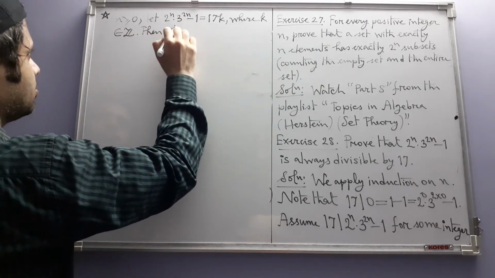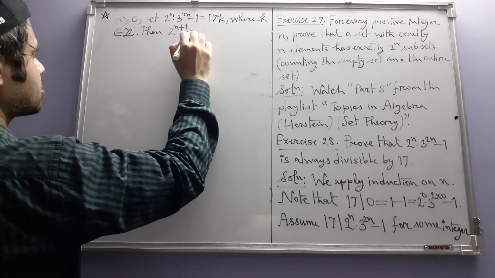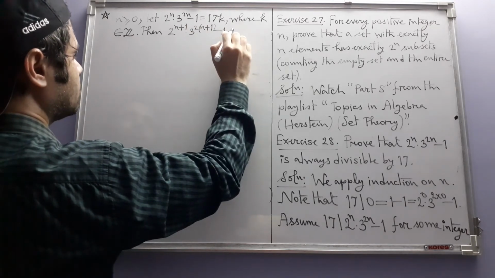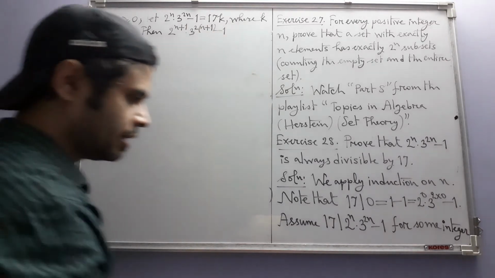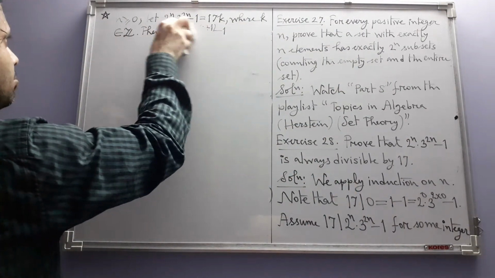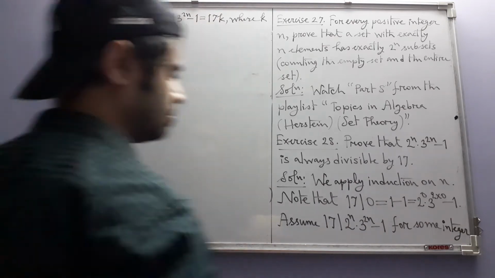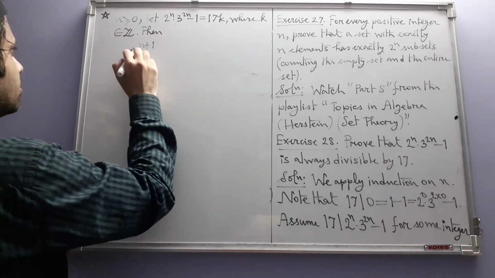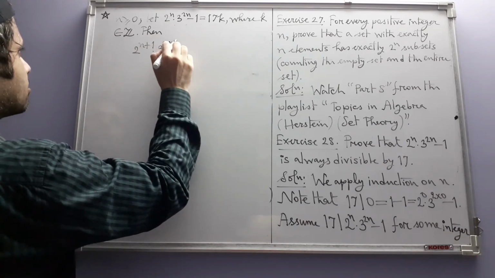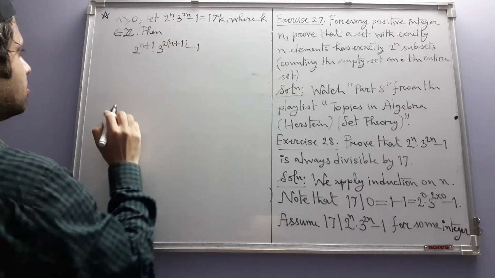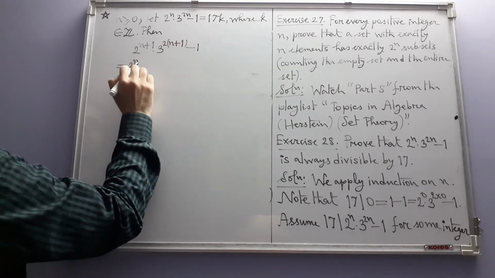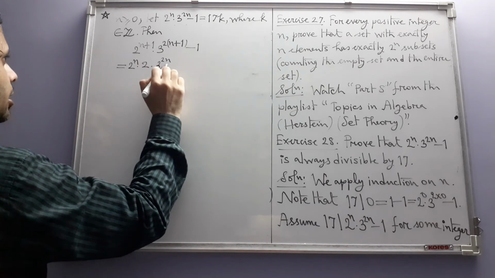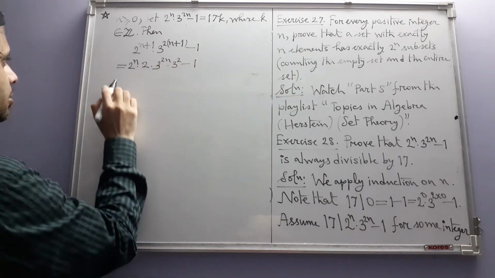Then now in place of n we put n plus 1. So this becomes equal to, is it better to do the calculation below? Two to the power n plus 1 times 3 to the power 2 times n plus 1 minus 1 is equal to, we can just write the entire expression like this.